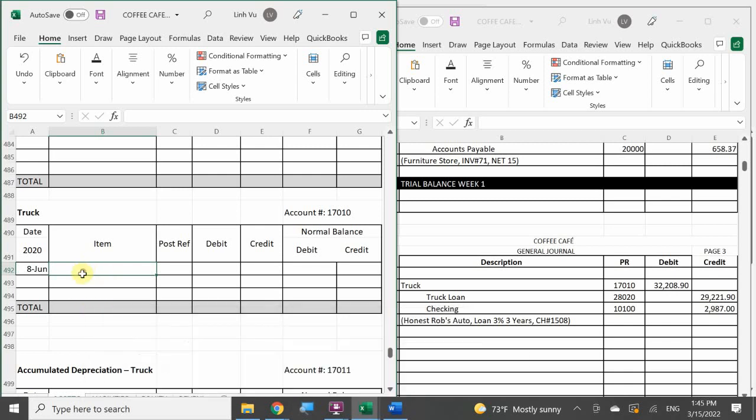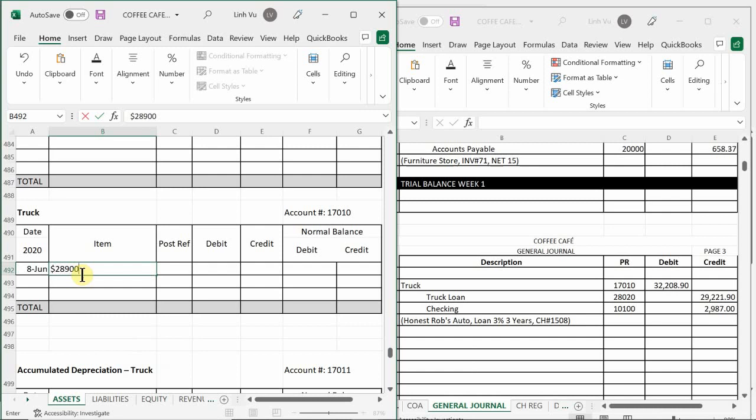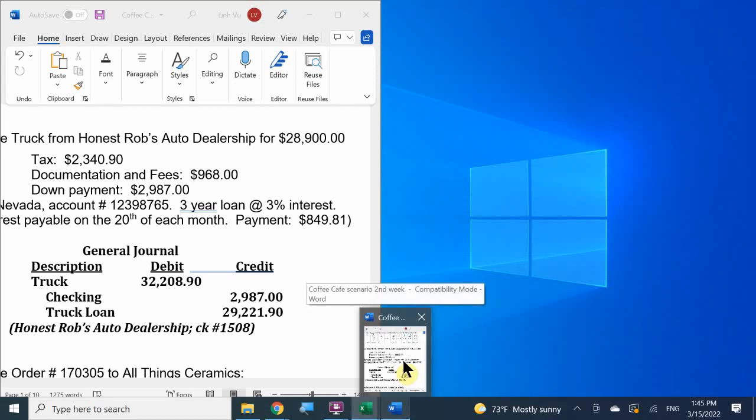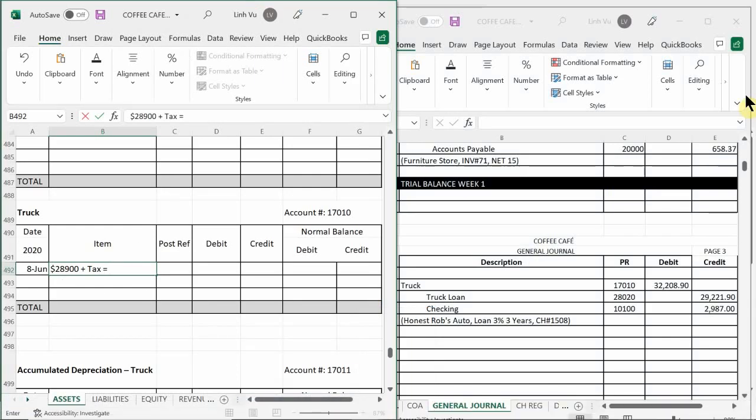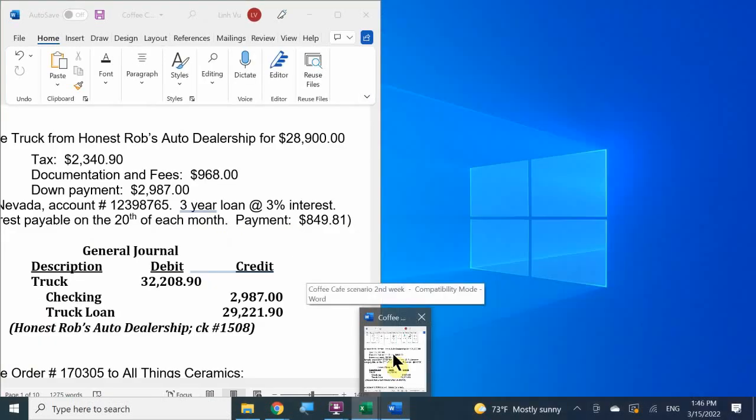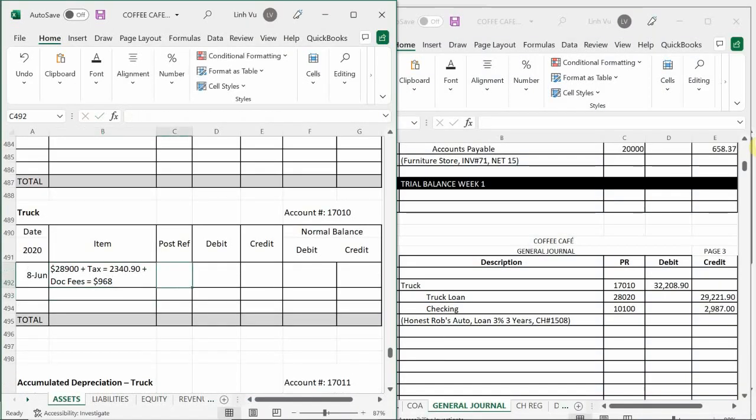So maybe the truck was $28,900 plus tax, which resulted in $2,340.90, plus the documentation, so doc fees, which was $968.